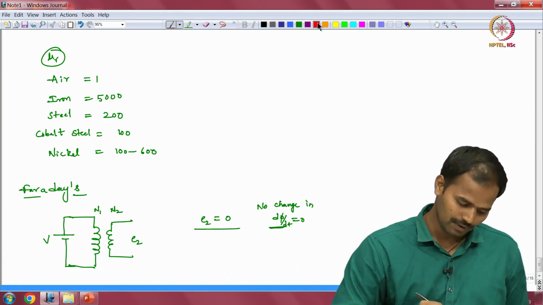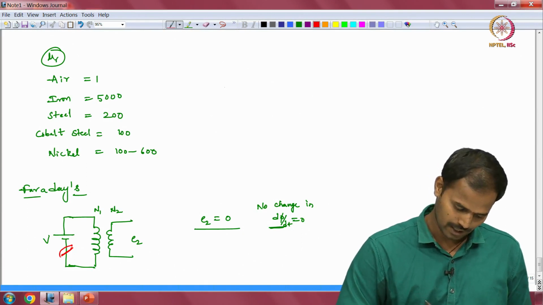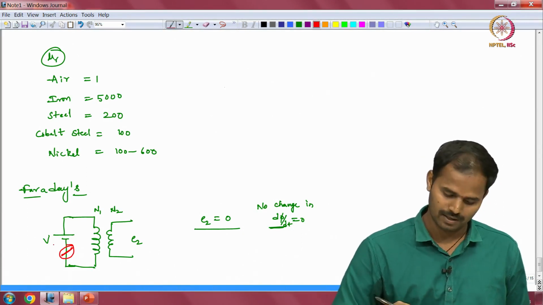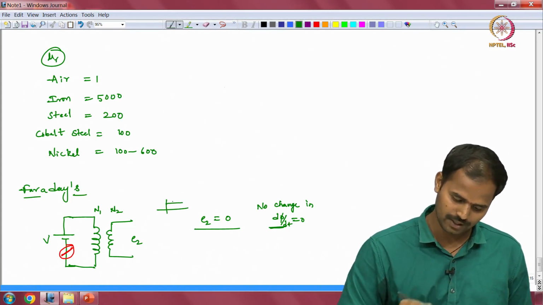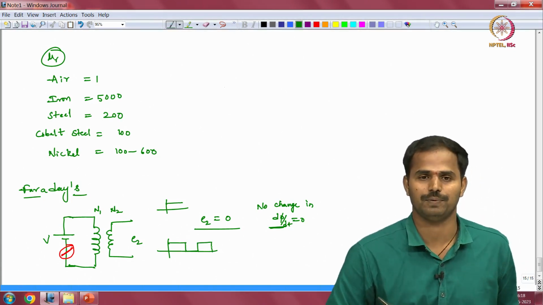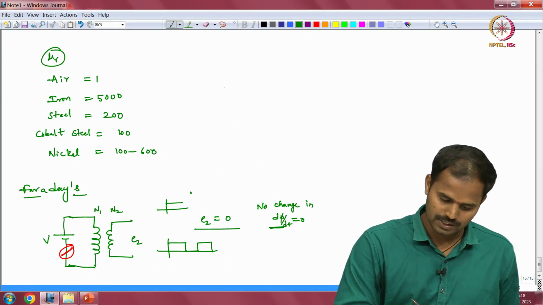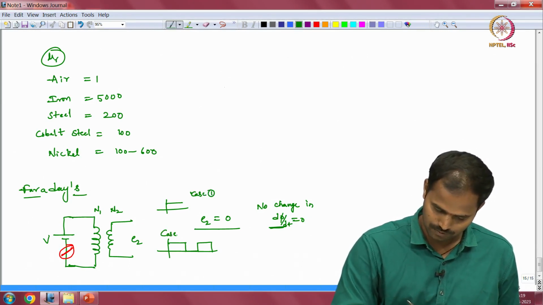The next case, I will add a simple switch here. What kind of waveform are we generating? Here constant DC we were giving; instead of constant DC, with the switch we are giving a pulsating square wave. So, this is case 1. This is case 2.